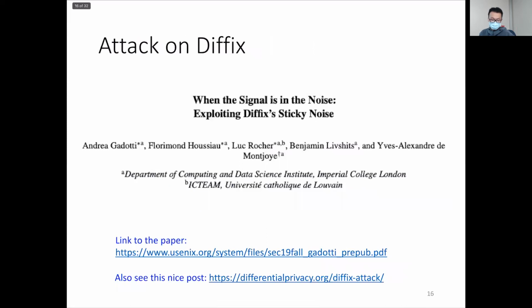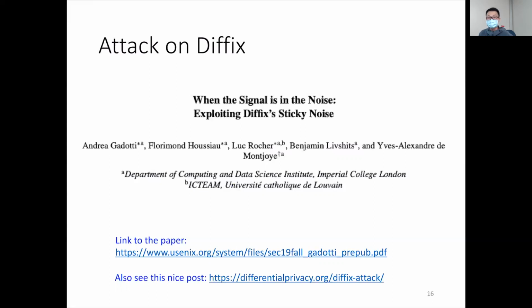A few years ago, there was a paper written, how to break Diffix's sticky noise, by exploiting the signal in the noise itself. Basically, the variance of the noise itself contains information about what the data set is, and how you can extract information from it.